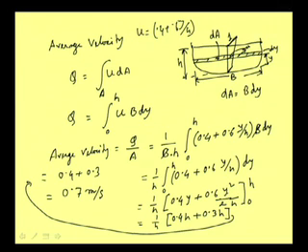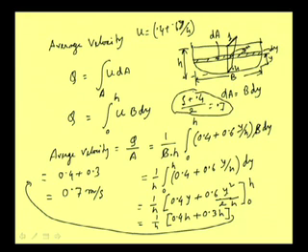And when y becomes 0, it becomes 0.4. The average velocity, for a regular shape, will be the maximum 1 plus 0.4 divided by 2, which is equal to 0.7. So that way also we can straightaway find it.